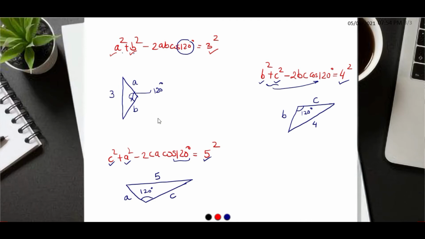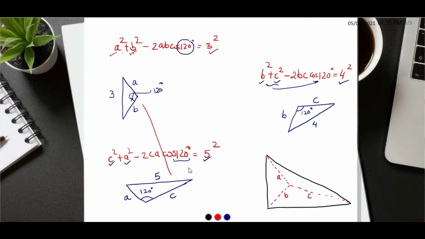Now let us try to combine these triangles to make one triangle. How can we make it? See, consider this as A, this as B, and this as C, because we have sides A, B and C common in these triangles.